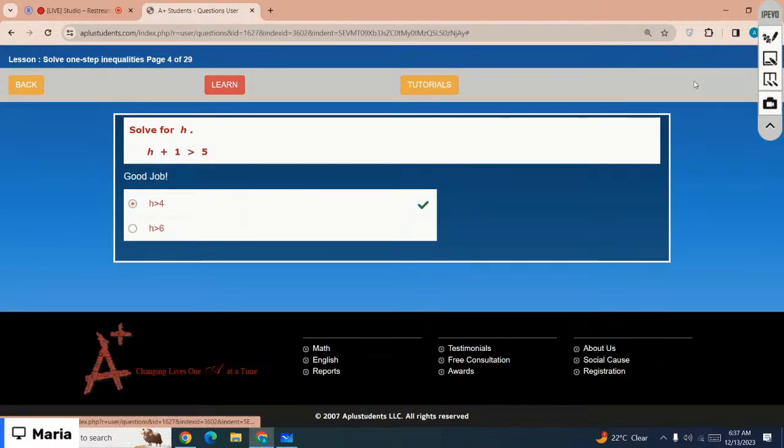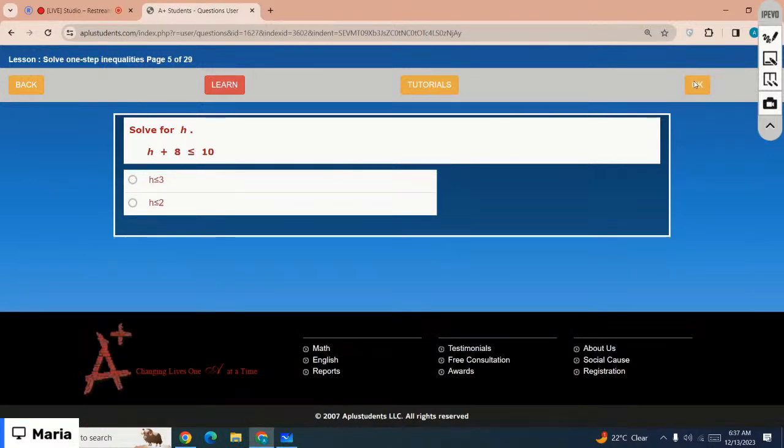Option number 1 is the correct option. Very good. Okay, the next one is solve for h. So which is the correct option?